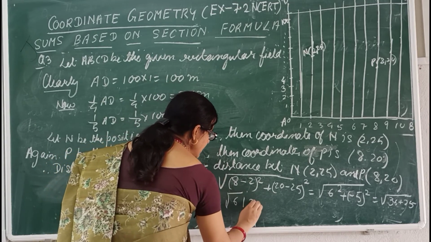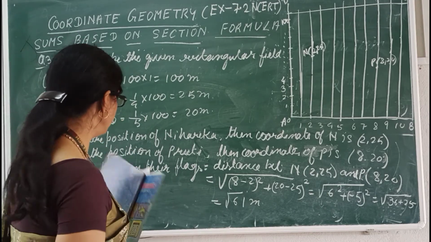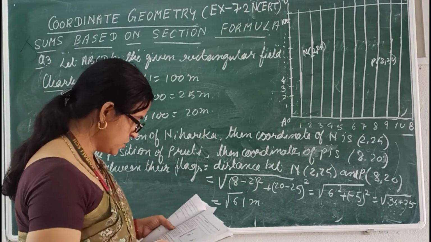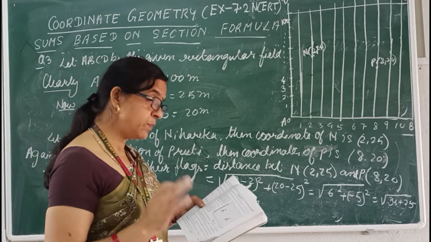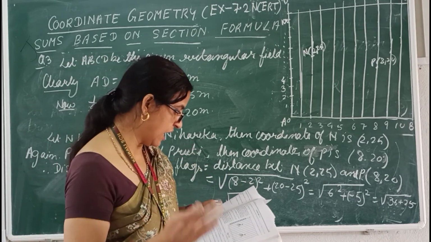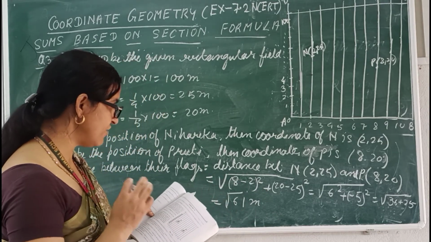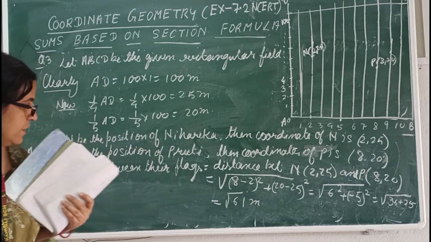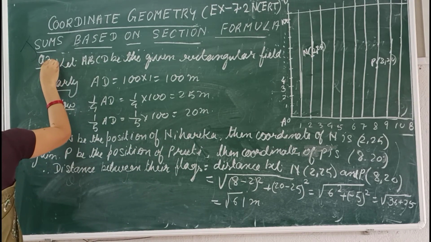So under root of 61 meter is the distance between the flags of Niharika and Preeti. But the question says that if Rashmi, one more girl, has to post a blue flag exactly halfway between the line segment joining the two flags, where should she post her flag? So now the second part of the question, I can name it over here as part 1.